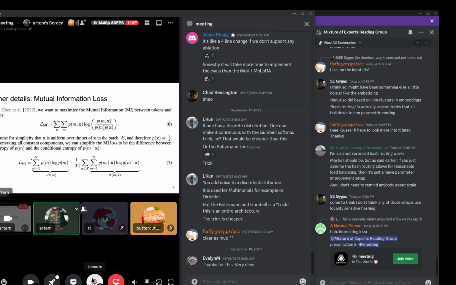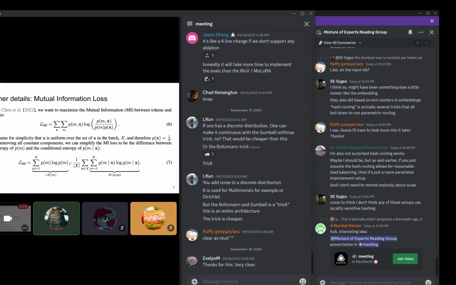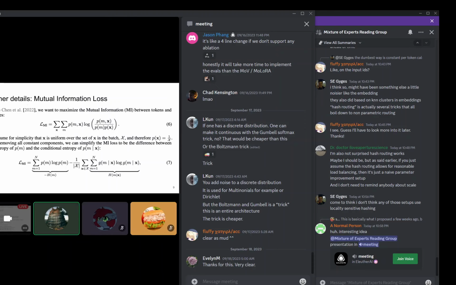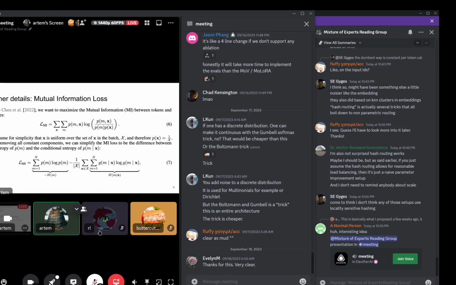This first part makes sure that the total probabilities are minimized, and this part penalizes the probability of a module given an input being too small. So you're actually maximizing that probability.